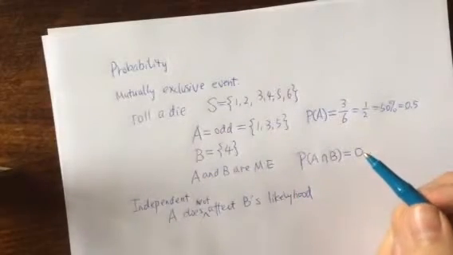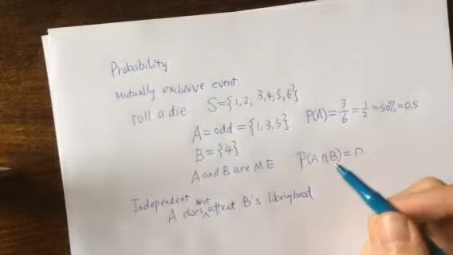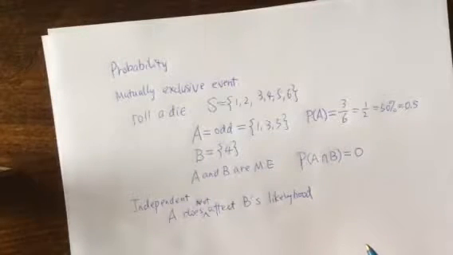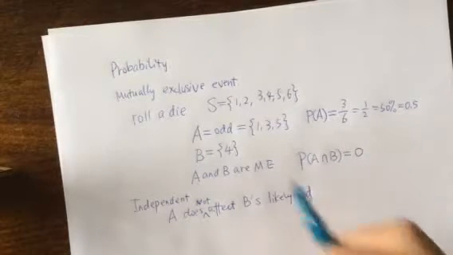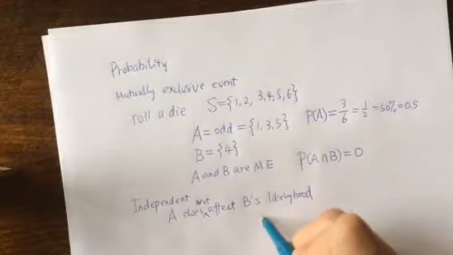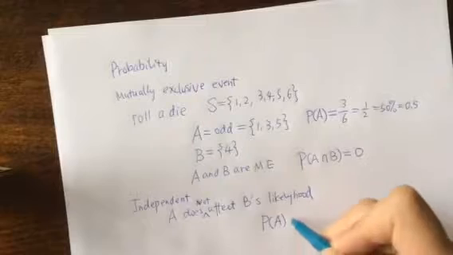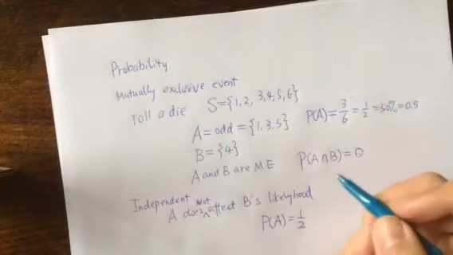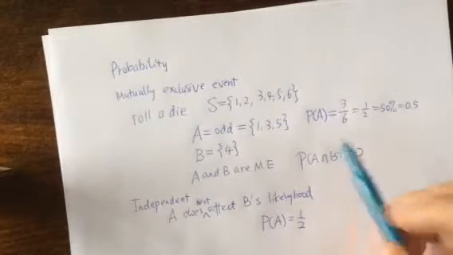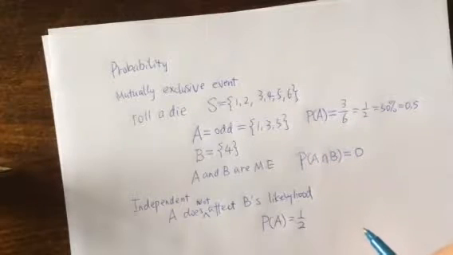For example, let's say the probability for A, which is the odd event, is 1/2. Now that's in this set.